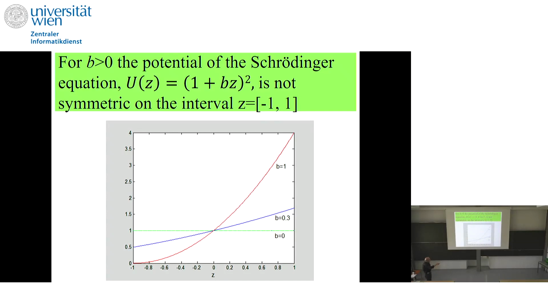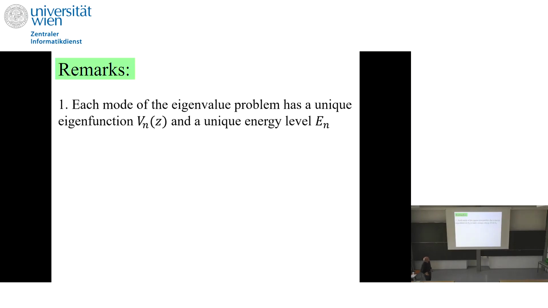This is B equals 1, which, if you continue artificially to -3, becomes symmetric, so we can apply again the harmonic oscillator solution with the Hermite functions and get another solution for E. And so we get two basic solutions for the eigenvalue, for the energy level of the Schrödinger equation.